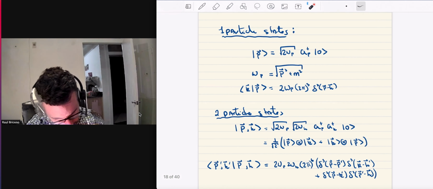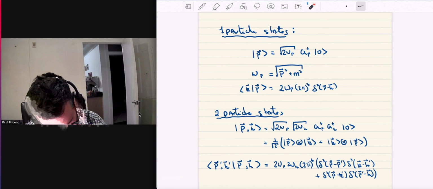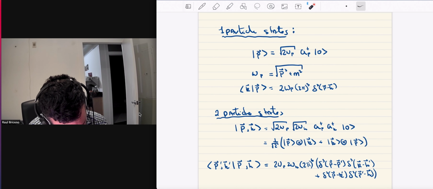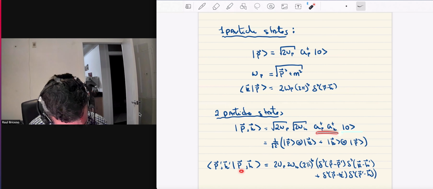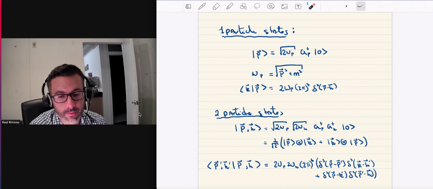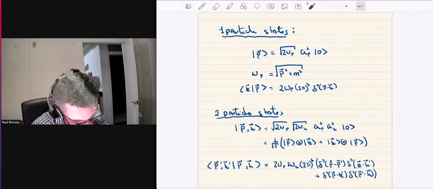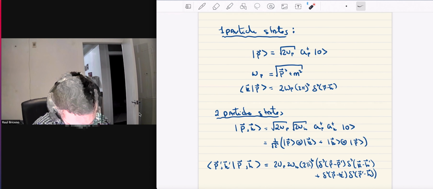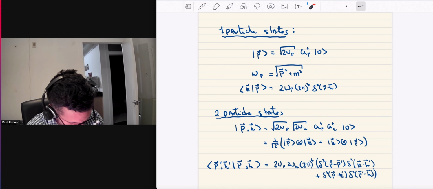Then to evaluate the overlap between the two states, just pull out the creation operators for this one, the annihilation operators for this one, and use the commutation relations between these to find that you will have a factor of 2 omega for each particle, and then just two sets of delta functions.